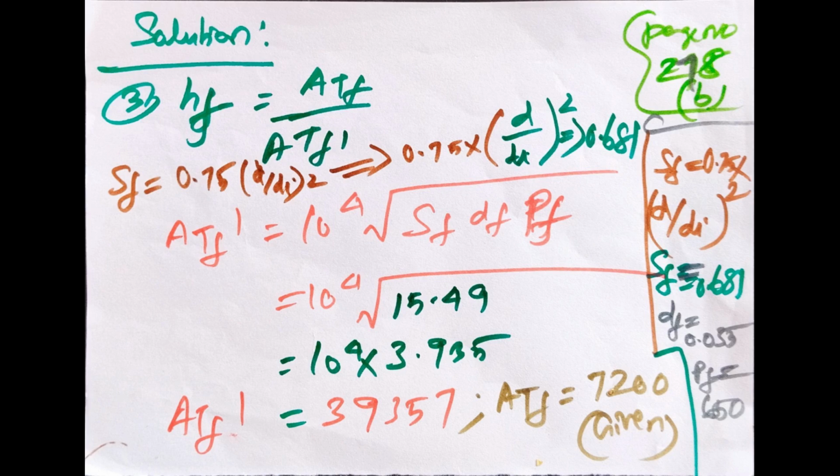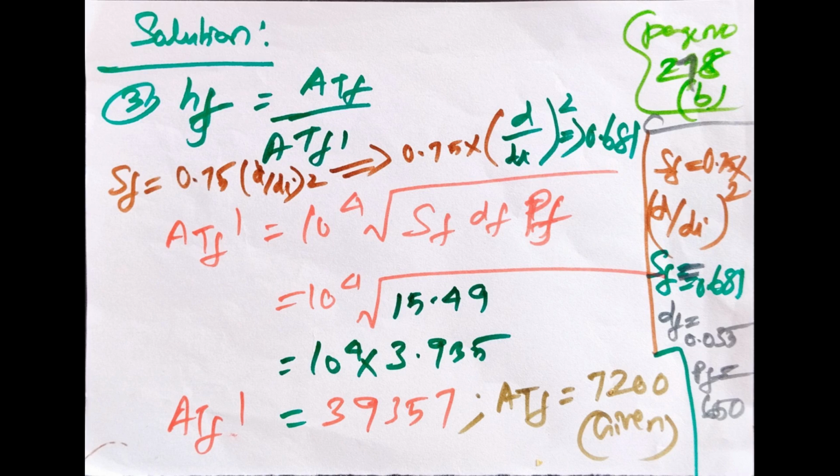We have already covered this in theoretical classes. The SF formula is 0.75 into bracket of d by dA whole square. ASH is equal to pi by 4 d square. From this ASH formula, we obtain the d value. d is 1.878 millimeter. The diameter is greater than 0.175, as given in the question. DA is equal to d plus 0.175, so 1.875 plus 0.175, DA is equal to 2.053.